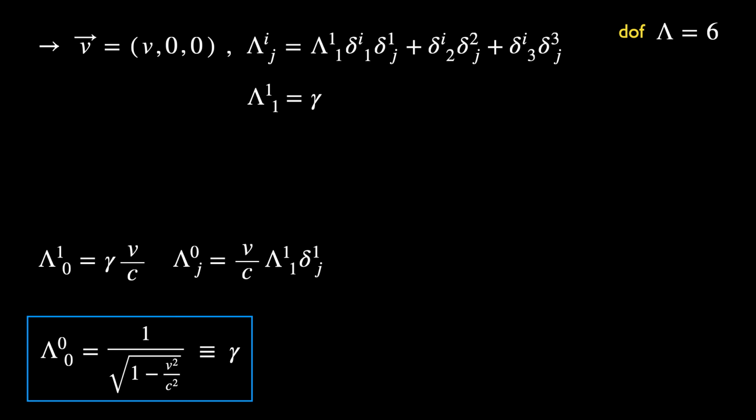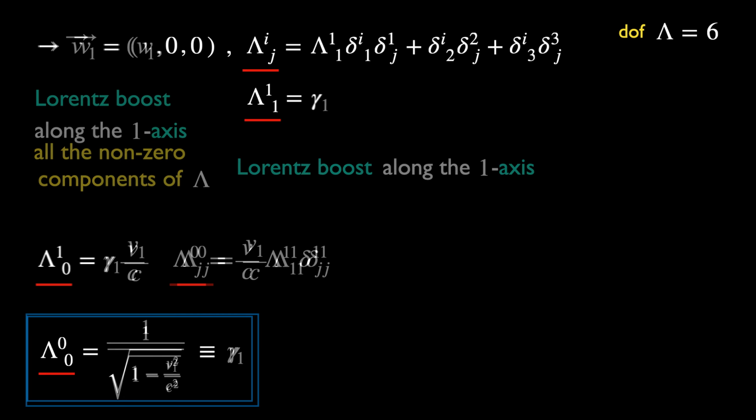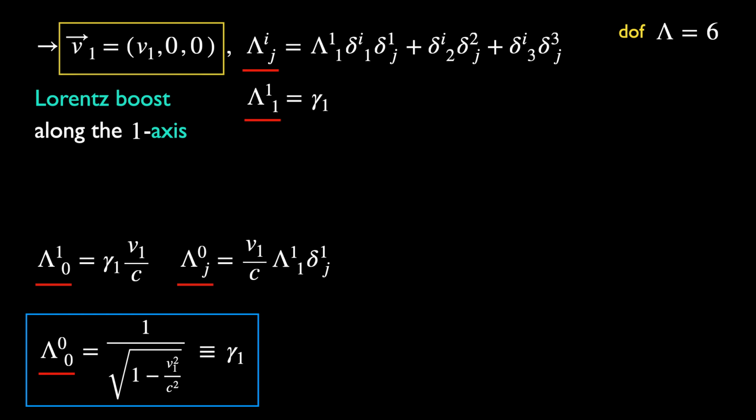And so, we have all the non-zero components of lambda for the special case of v pointing along the first axis. This is known as the Lorentz Boost along the first axis. Let's see explicitly how this relates the displacements delta x and delta x prime.